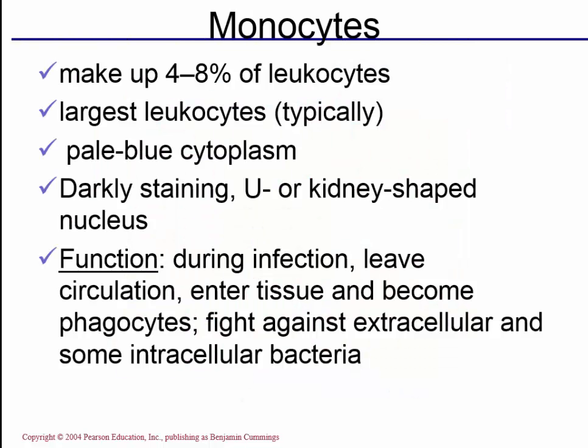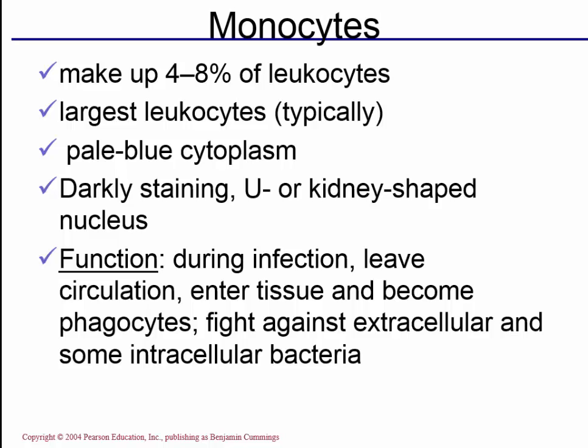The last type of leukocyte is called a monocyte. Monocytes make up about 4 to 8% of all leukocytes, and they're the largest ones. This is fairly easy to see when you compare them to the surrounding red blood cells. They have a very pale blue cytoplasm, which of course has no granules, and their nucleus is U-shaped or kidney-shaped.